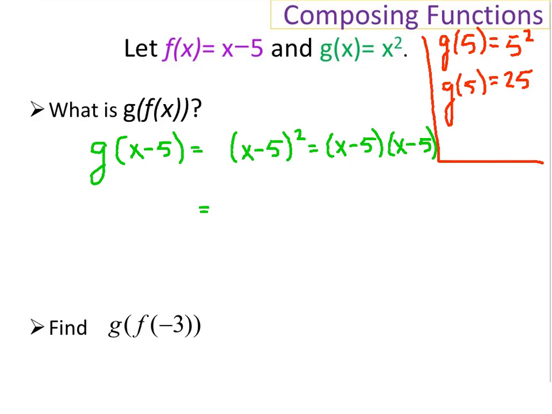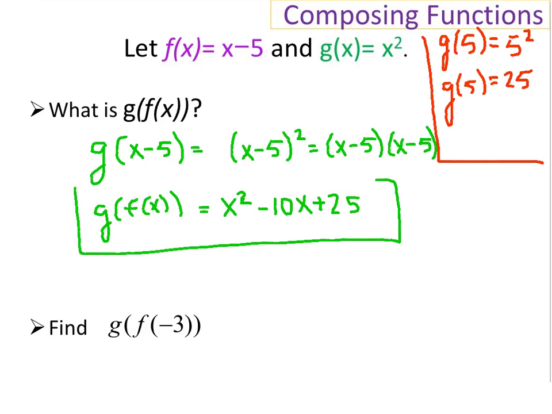So we would end up squaring the first term, multiplying these together and doubling it, and then squaring the last term. So g of f of x would be equal to this function x squared minus 10x plus 25, which would be a parabola, right? If we tried to graph it, a quadratic function.